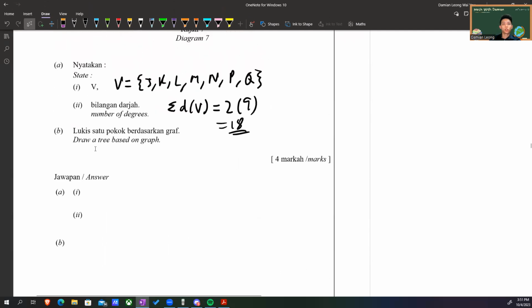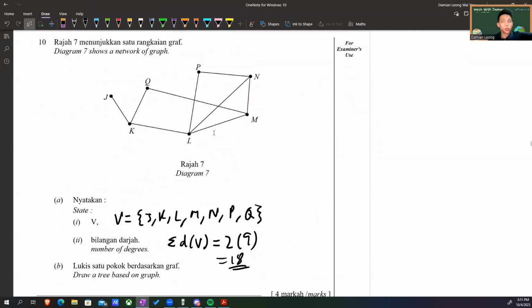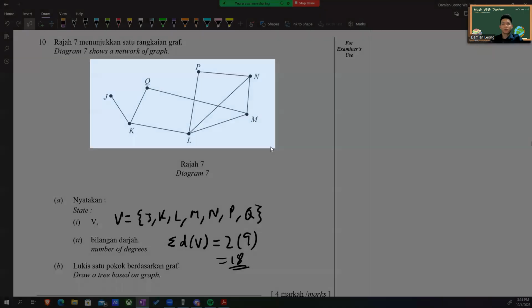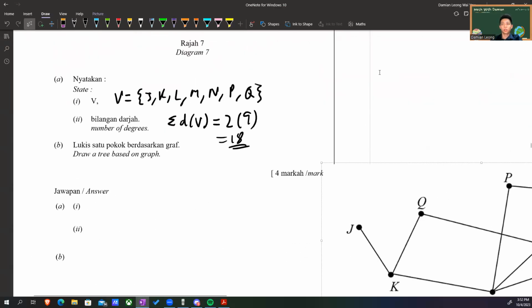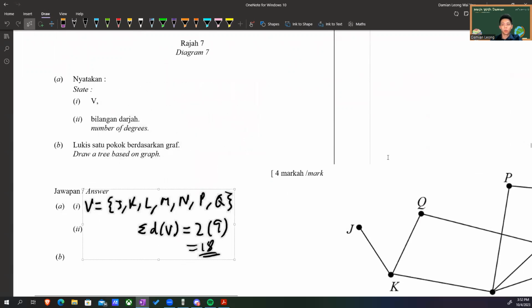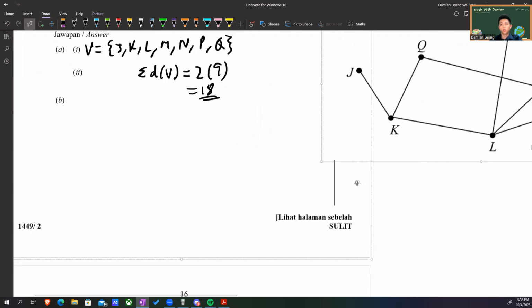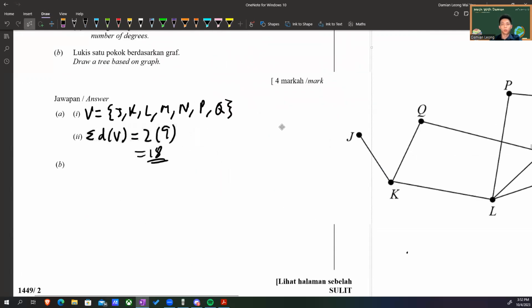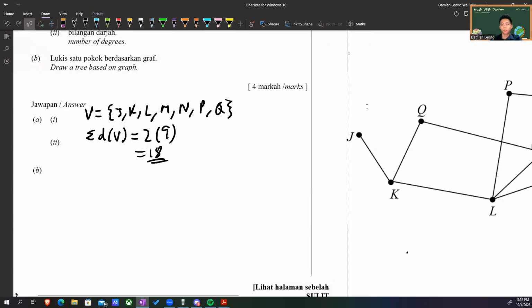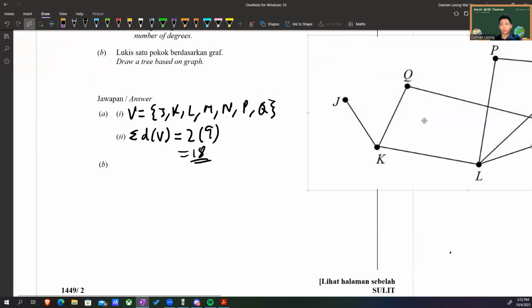Then part B is to draw a tree based on the graph. I need to refer to this.